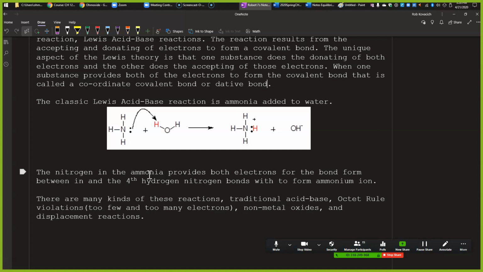A proton acceptor? We're talking about Lewis, not Bronsted-Lowry. It's acting like an acid, and it takes the H. Does that sound right? It's acting like a base.